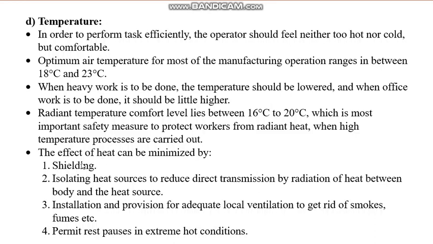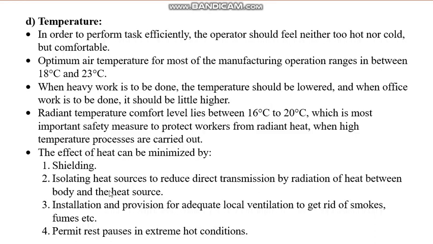So, the effect of heat can be minimized by the following things. One is shielding. If we can shield that direct radiant heat coming to the worker, we should shield it. Or if we can isolate the heat source, and reduce the direct transmission by radiation, we should isolate it.